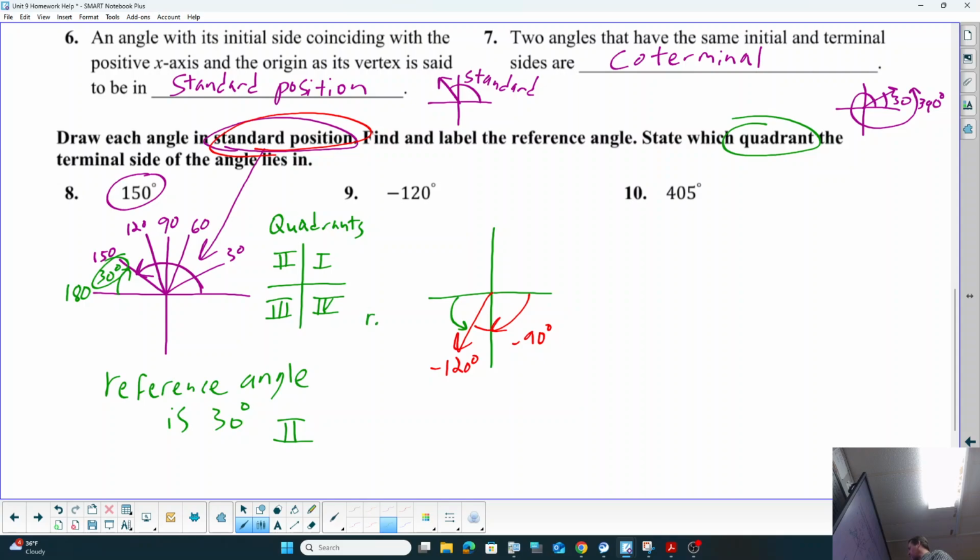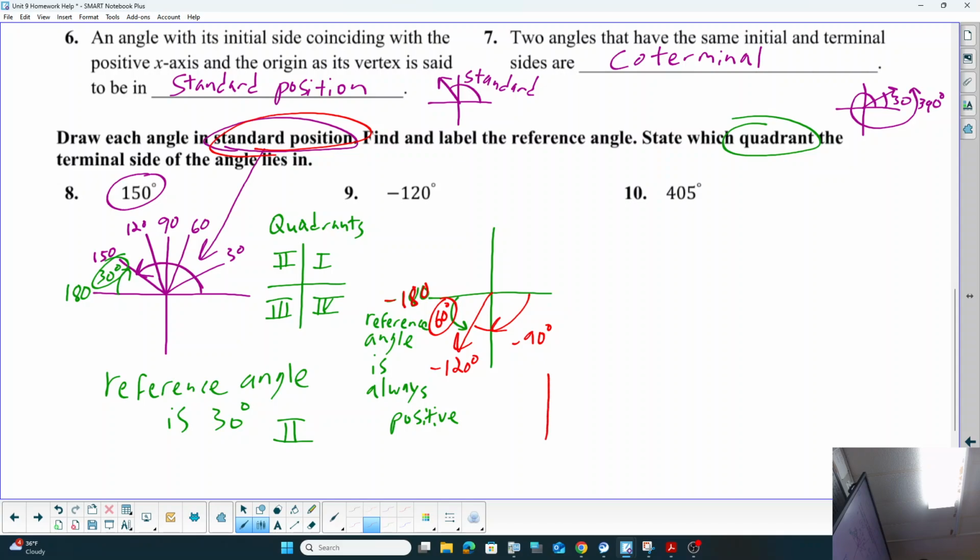It's always positive. So if that's negative 120, how much more to get to negative 180? 60 degrees there. Cool. I think you're getting the hang of it.